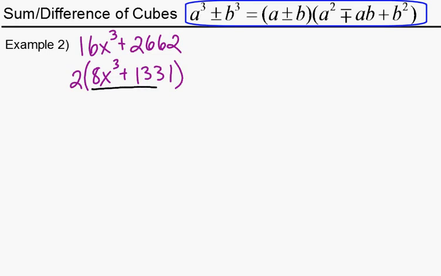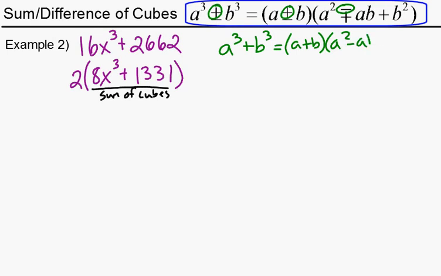So I look on the inside here and notice that none of my other methods work. But what I do have is a sum of cubes. My sum of cubes means that I take top sign here, top sign here, top sign here. So I'm looking at a to the third plus b to the third equals a plus b, a squared minus ab plus b squared.